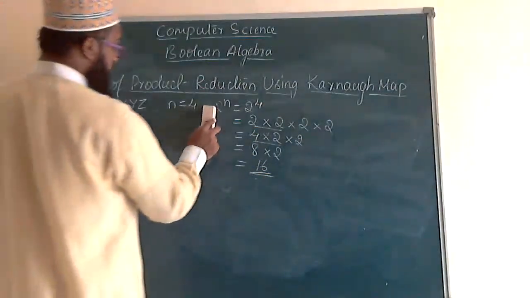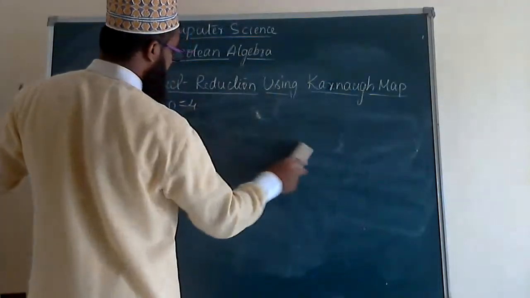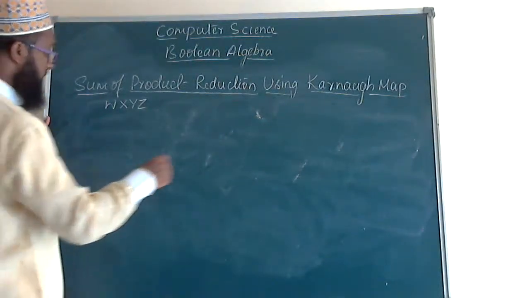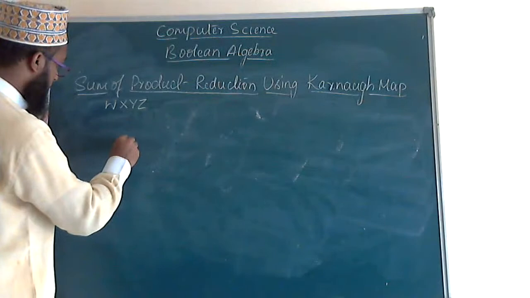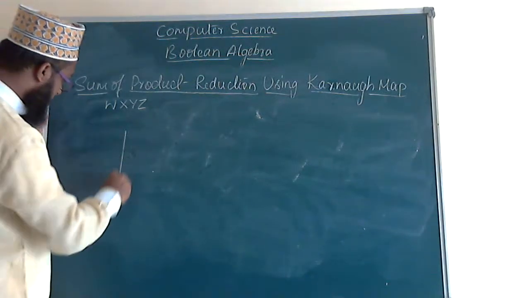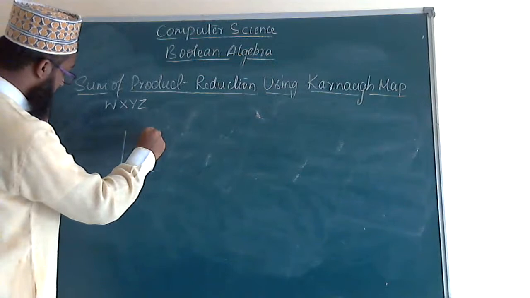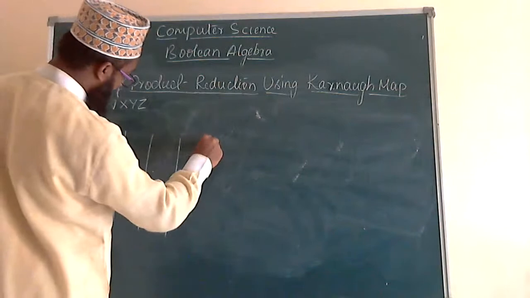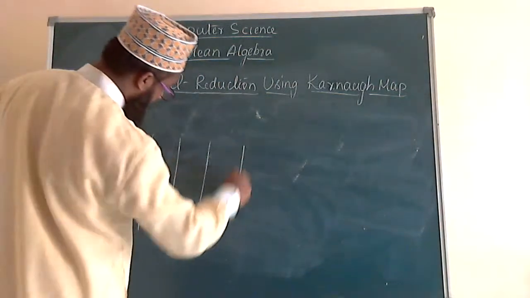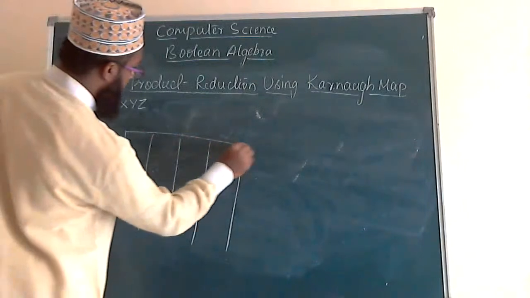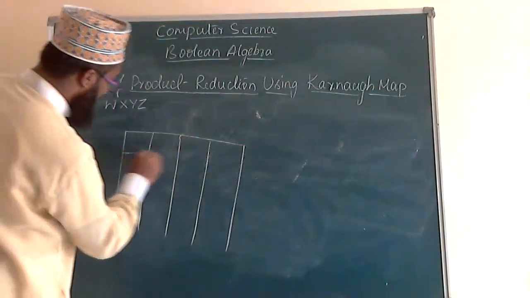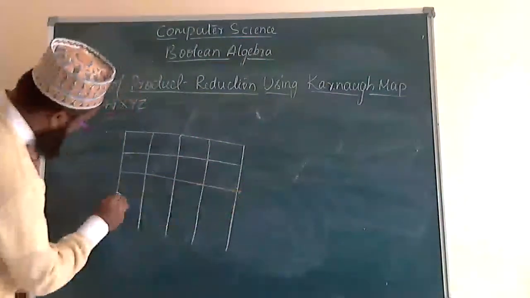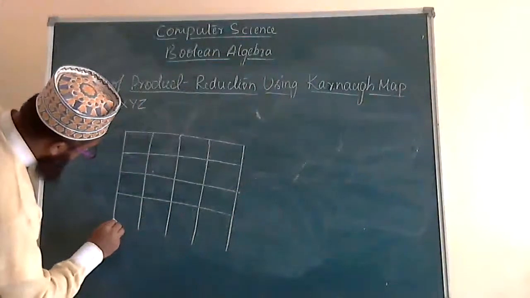Now I need space, so I am going to rub this. Okay, 16 squares. Leave some gap here so that we can write down values easily.